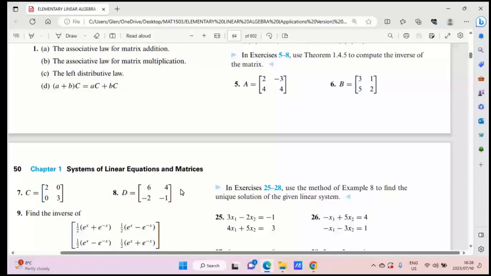Okay, for a 2 by 2 matrix, to get the determinant, you say A times D minus B times C. I agree, that's how we find it. So you say 1 over 2 bracket e to the power x plus e to the negative x bracket, multiplied by 1 over 2 bracket e to the power x plus e to the power negative x.